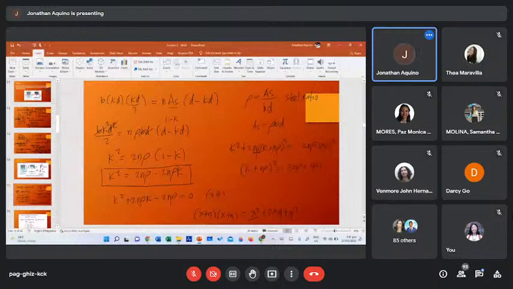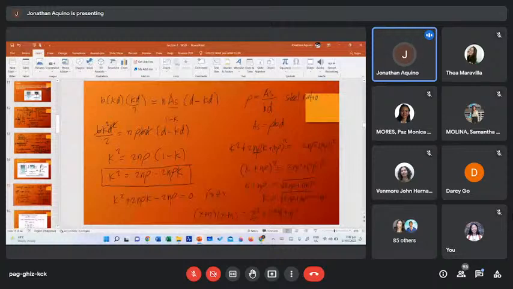Or k plus n rho is equal to square root of 2n rho plus n rho squared. Or just simply k is equal to square root of 2n rho plus n rho squared minus n rho. So ito ngayon yung value natin ng k.